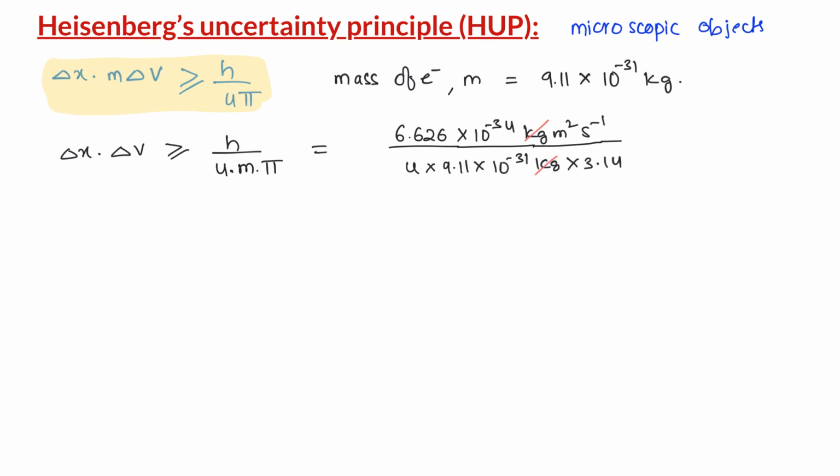If we do the math, we get delta x times delta v is greater than or equal to 5.79 times 10 to the negative 5 meter square per second.